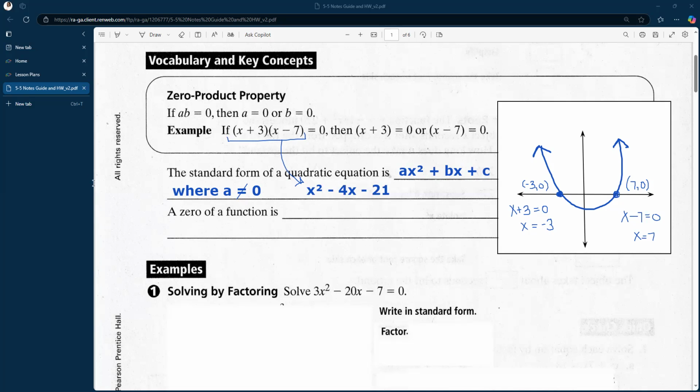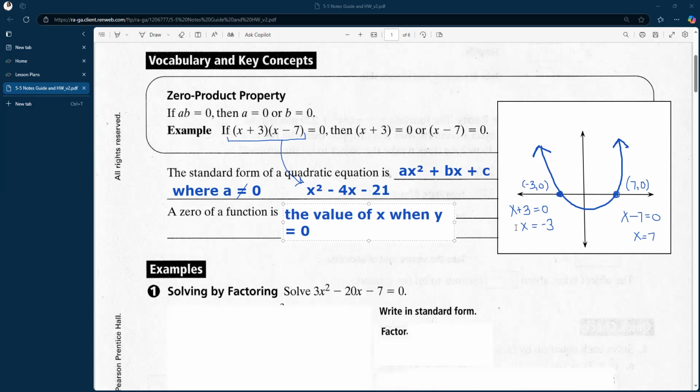In this same example, the zeros of the function are the x-intercepts, which would be negative 3, 0 and 7, 0. So the zero of a function is the value of x when y equals 0.